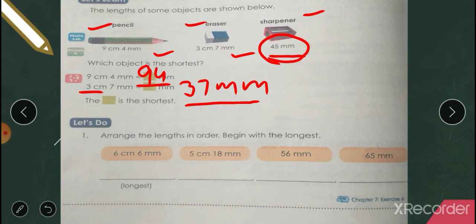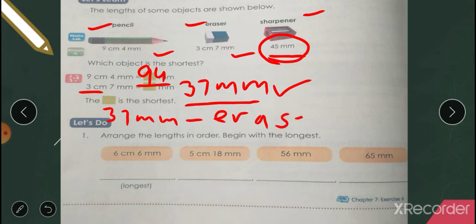So the shortest length is 37 millimeters, which is the eraser's. 37 millimeters is the shortest length among these three objects.